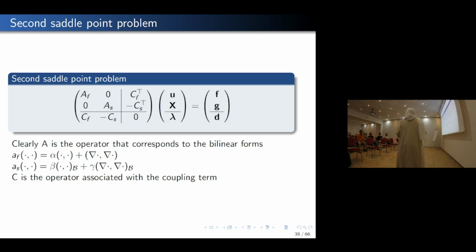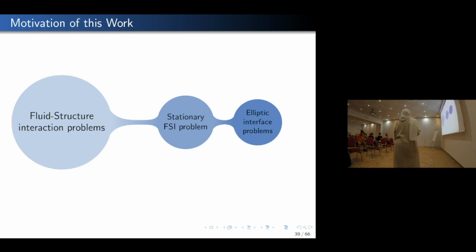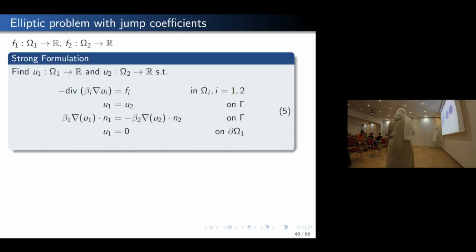So we can simplify, and the C are the coupling terms. So we can simplify this problem into an elliptic interface problem. We will study its stability at the continuous level and the discrete level, and find stable finite elements in order to use them for the FSI problem.